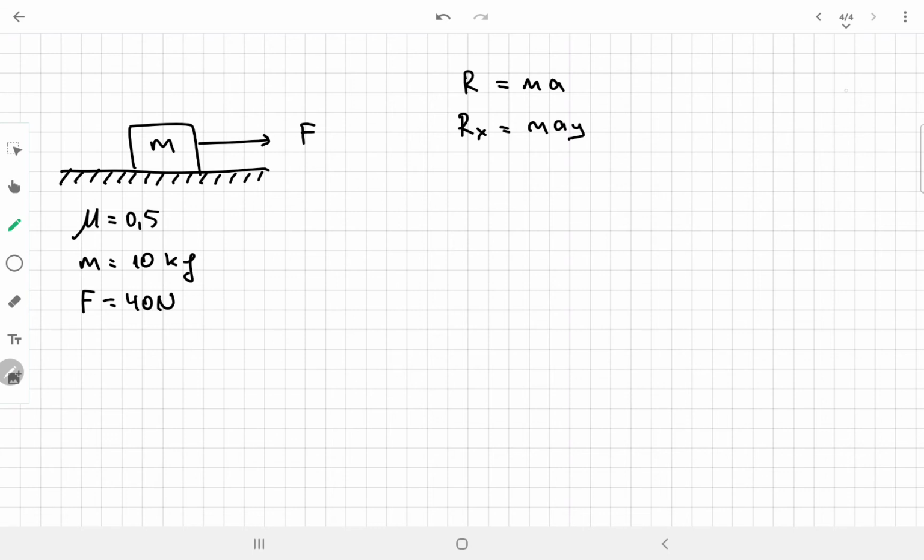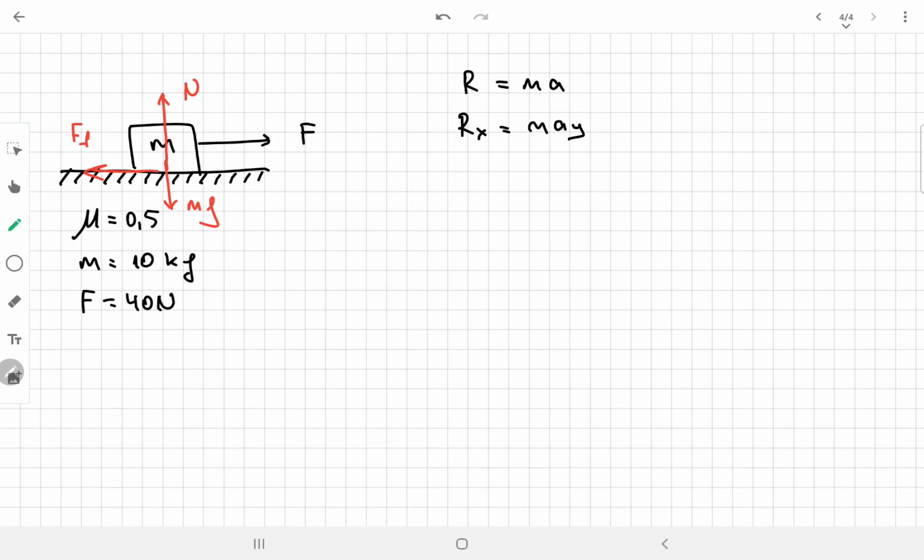Free body diagram. Weight downward, normal force perpendicular to the surface, upward in this case, and the friction force to the left, because it will try to stop this object.